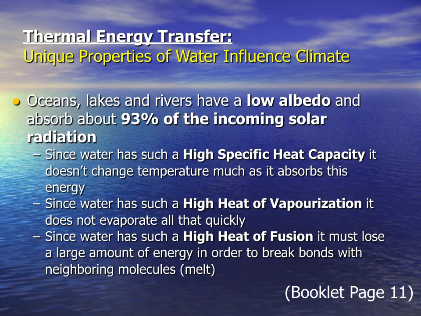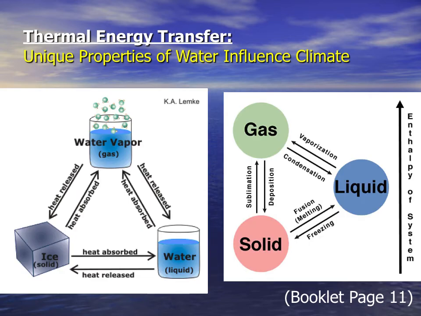Since it has a high heat of fusion, it's got to lose a ton of energy in order to break bonds with neighboring molecules, or melt. So once it's ice, it also takes a lot of energy for it to actually melt. Okay, let's get a little visual here. Right here we have these three phases, right?